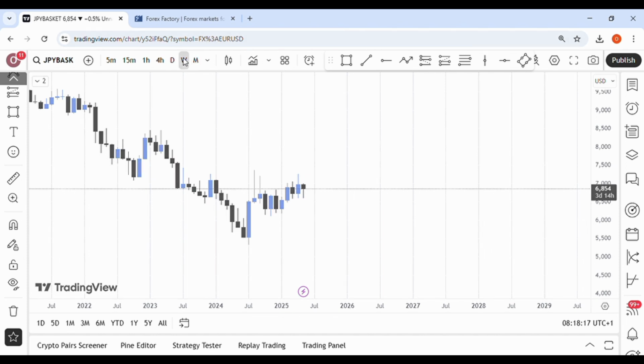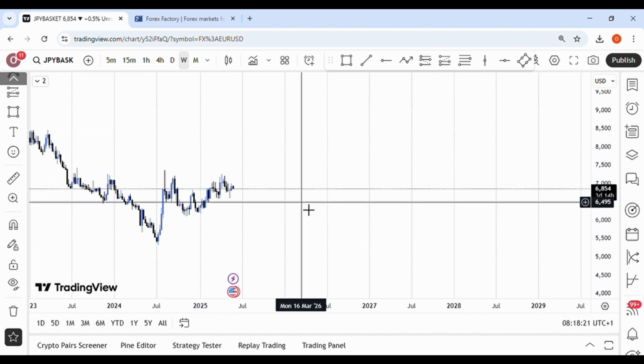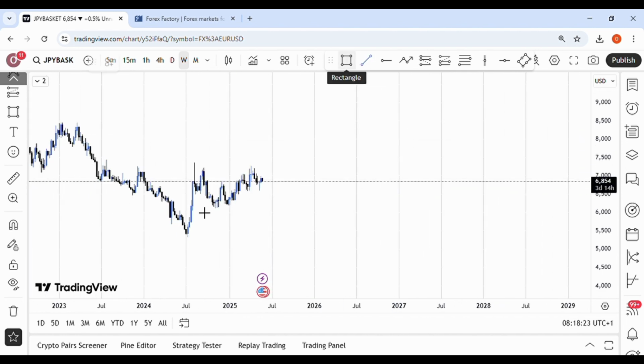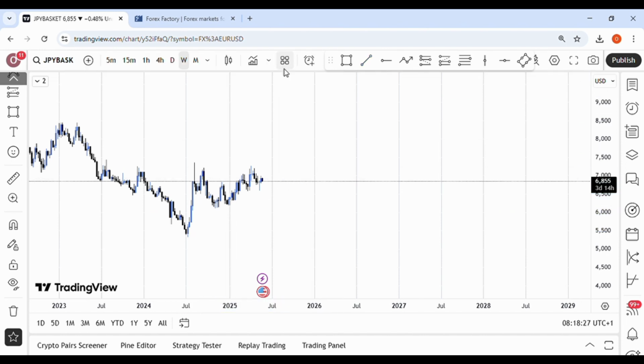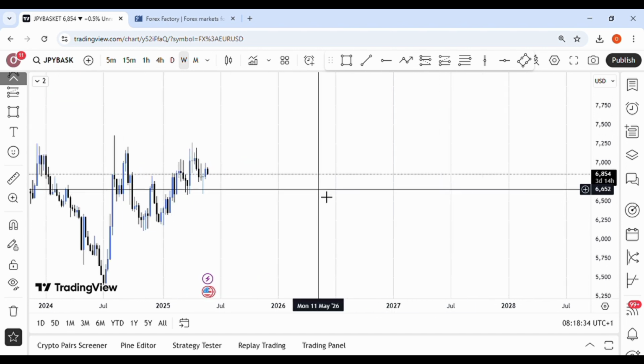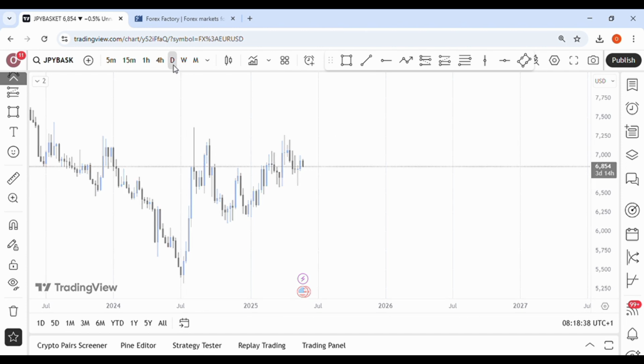Now let's go down to our weekly time frame to see if we can have any clear movement of the market. From our weekly time frame, we are bullish. Fast forward down to our daily time frame.